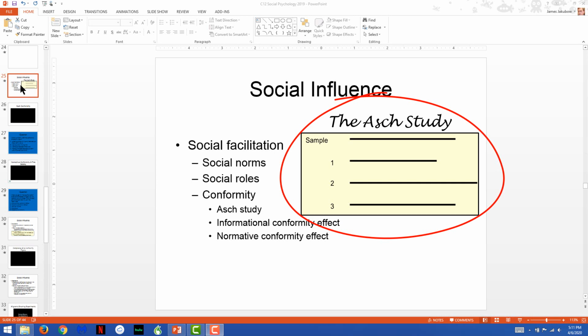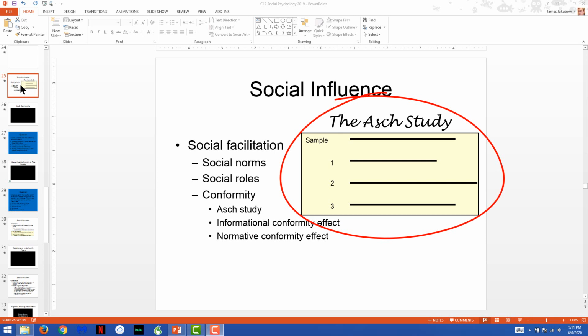Now, what Confederates are in social psychology experiments are people that are pretending to be subjects in the experiment, but they are actually paid members. Oftentimes graduate students that are pretending to be undergraduates, so they have a particular role to play, and they create a social environment that functions in a particular manner that they want to evaluate whether or not the real subject behaves one way or another.